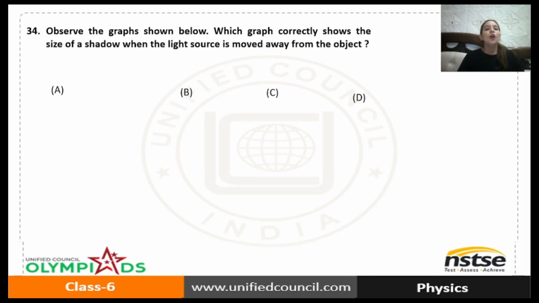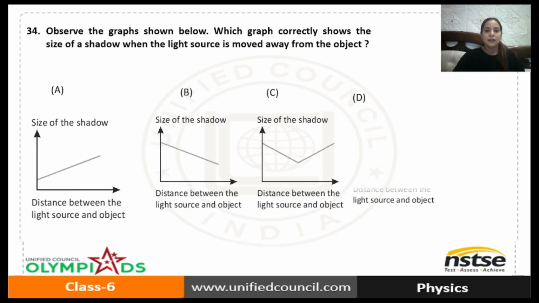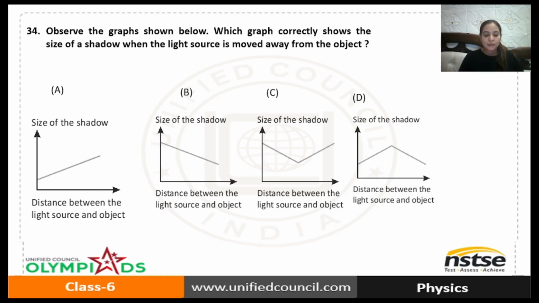Next question. Observe the graph shown below. Which graph correctly shows the size of the shadow when the light source is moved away from the object? So now in this case, I told you that a shadow is cast whenever light is coming from some source and something is blocking that light.